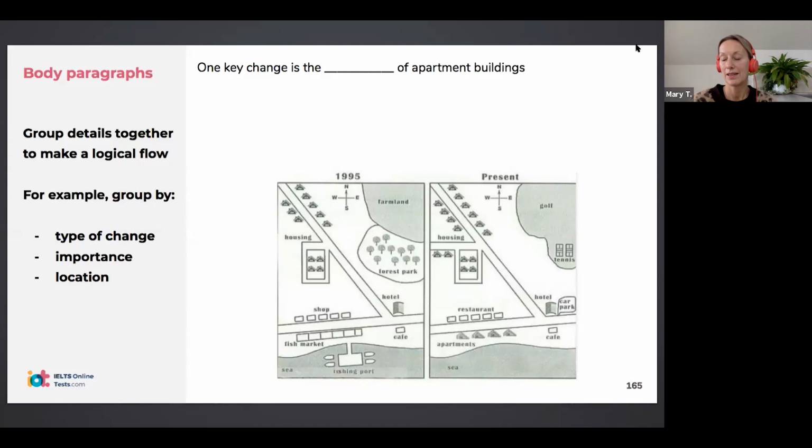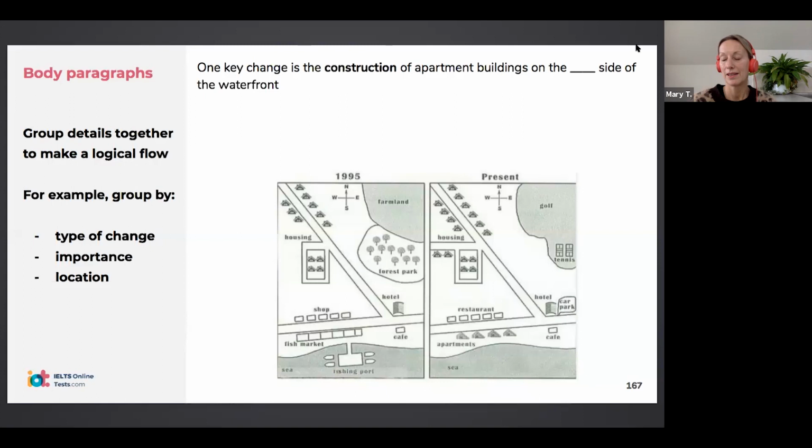So one key change is the, which word makes sense here? Yeah, so the construction of apartment buildings. As you can see before in the previous picture, there aren't any apartments. So you need to have something that suggests that change.